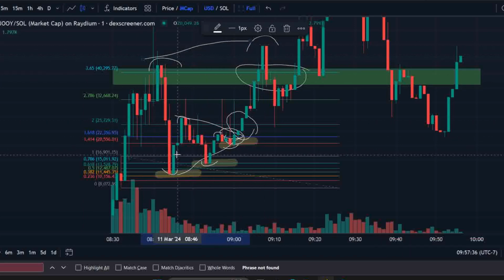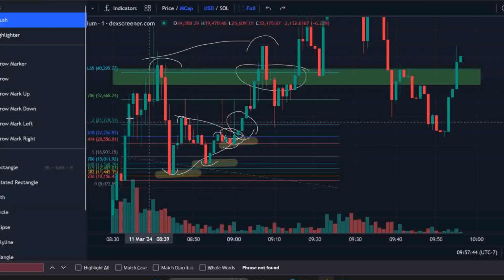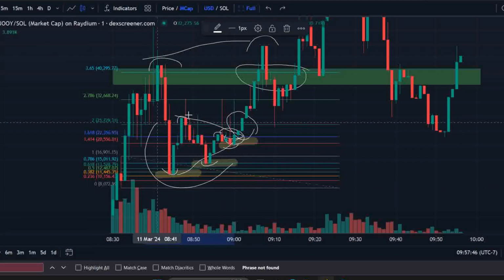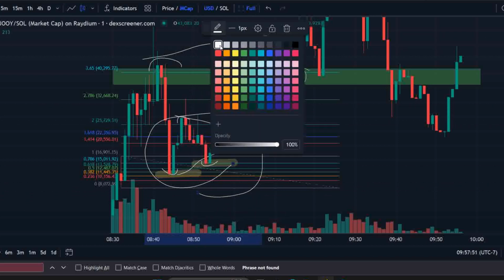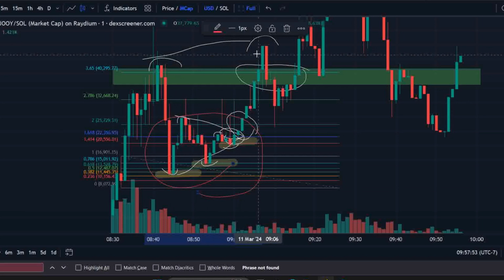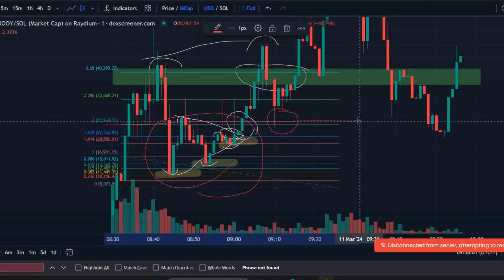Okay, so basically all this development was right here. It was nothing but a low basically, and now a high. Okay, got a higher low again on the Fibonacci 2.